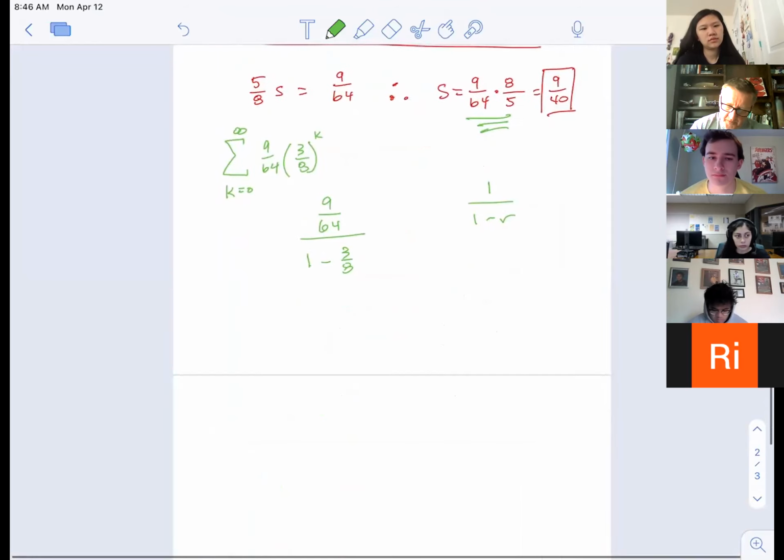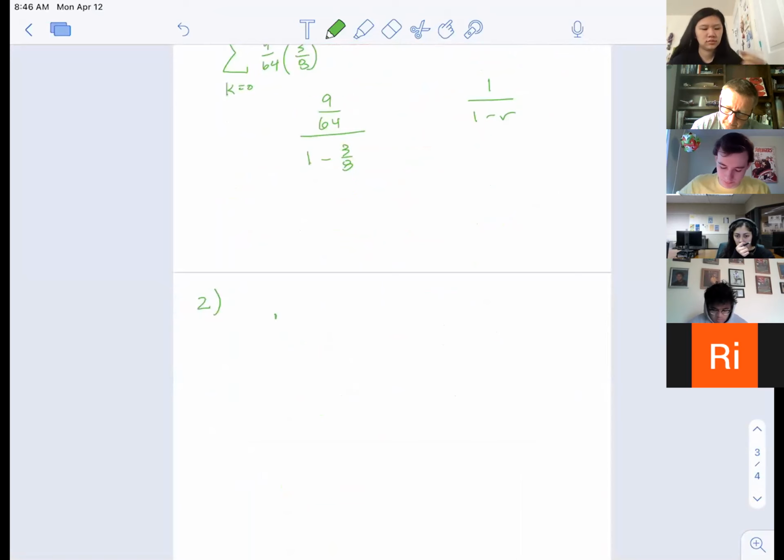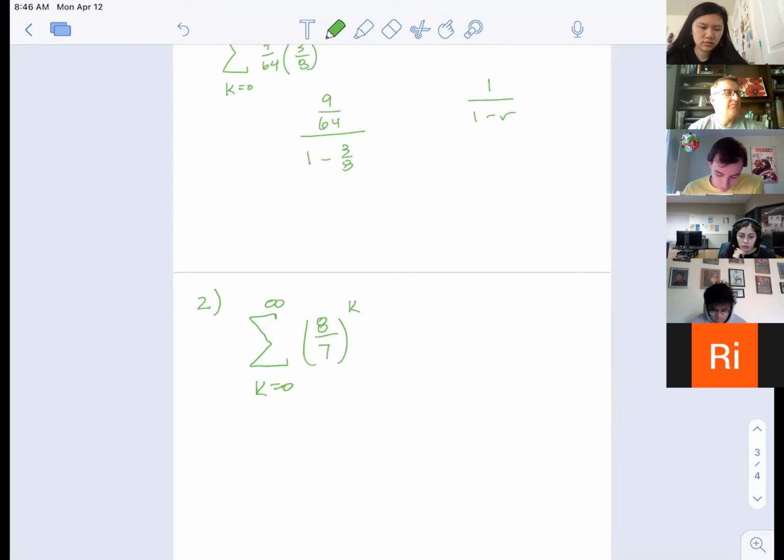So what's going to happen with this one then? Second example. That's going to diverge. Why?